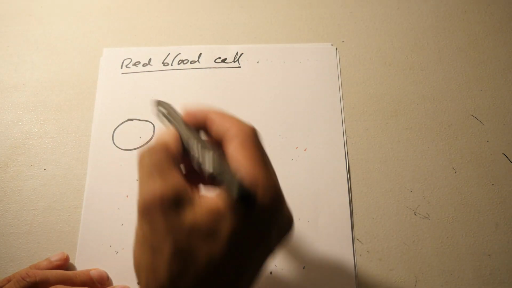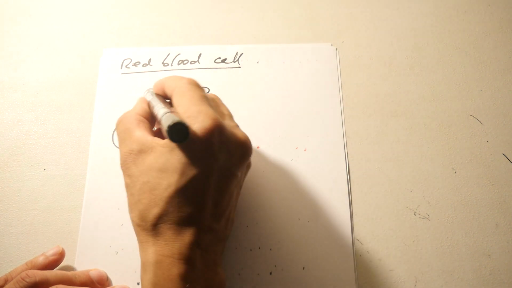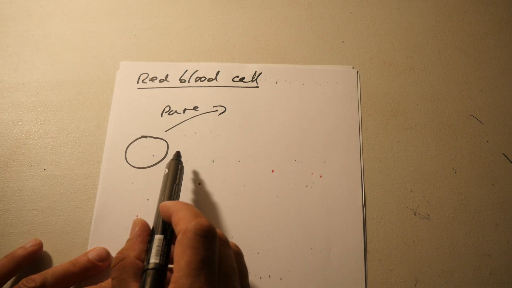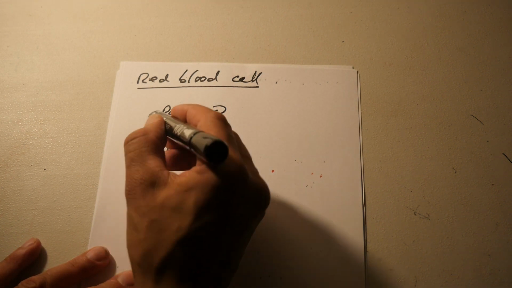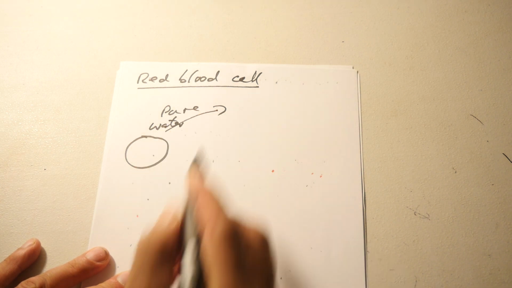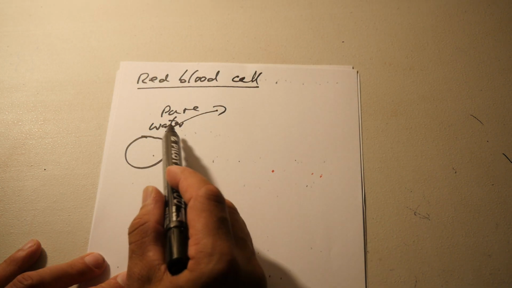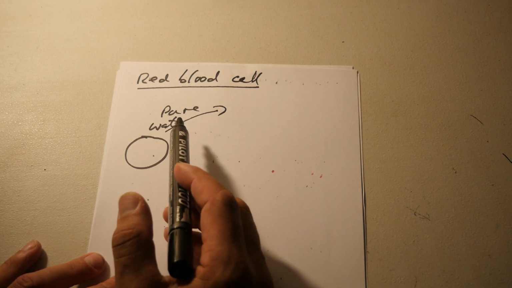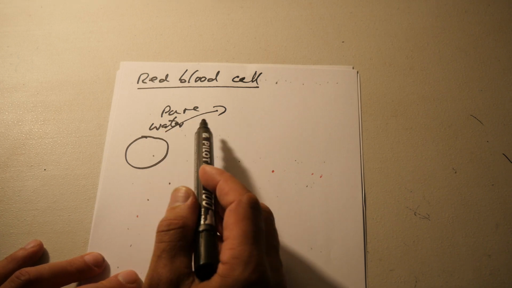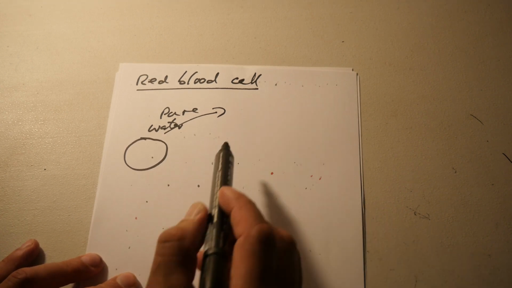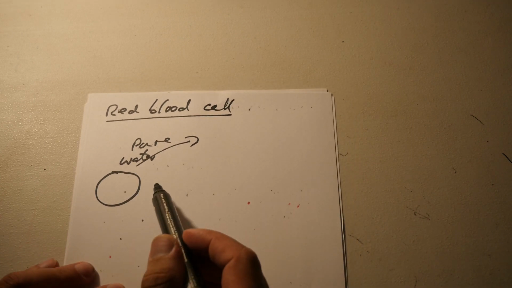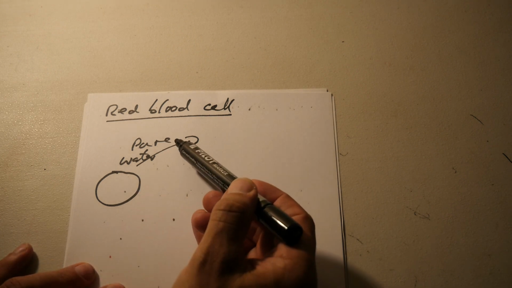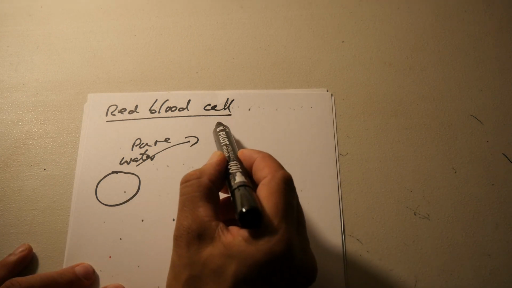So anyway, if I put these in pure water, which means there are no ions at all, no hydroxide, hydrogen ions, no copper, no sodium, potassium, no salt, alkali metal ions, then the water passes in from the high concentration to the low concentration.